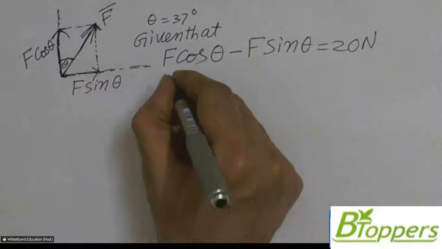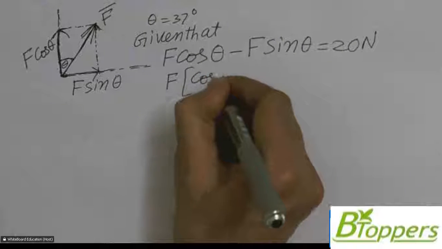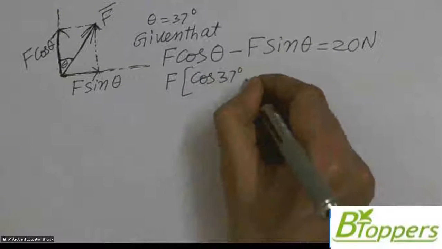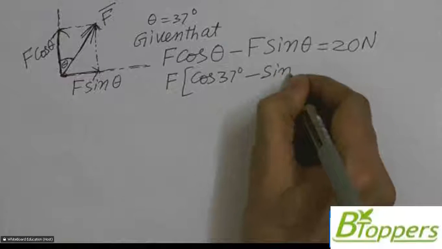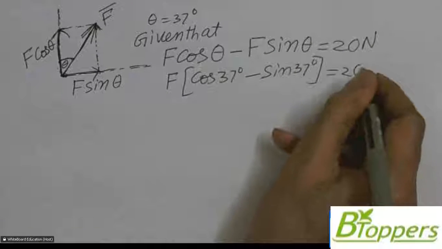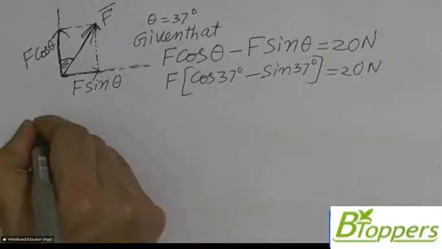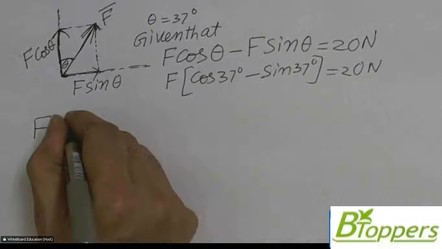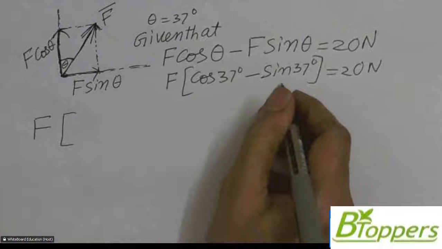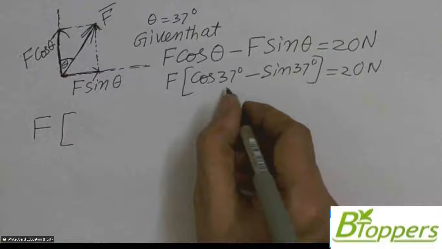Here theta is given to be 37 degrees. You can take F common here. So you are given that the value of sine 37 degrees equal to 3 by 5. From that you can find the value of cos 37 degrees yourself.